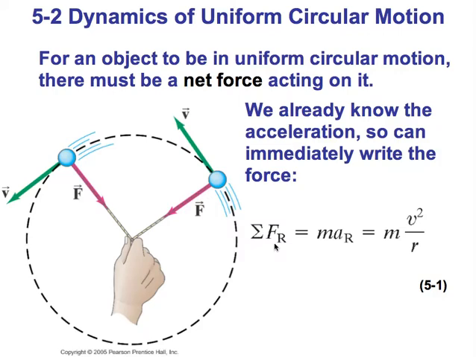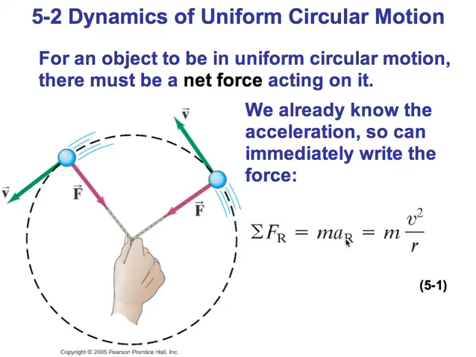So here we have a formula for the force needed to keep an object of mass m moving at speed v in a circle of radius r. This is our formula for centripetal force: mass times centripetal acceleration.